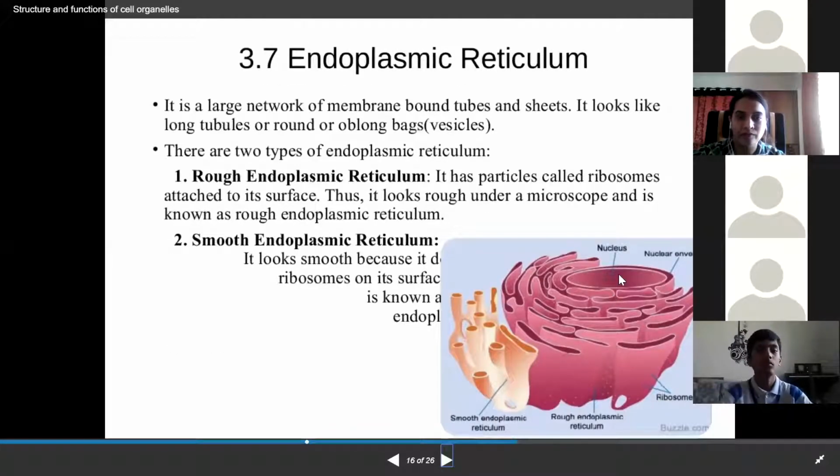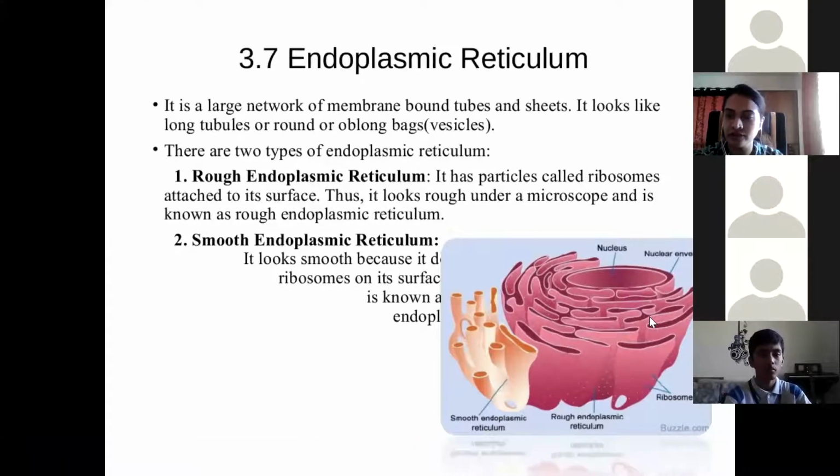Now coming to the other important organelle, which is endoplasmic reticulum. So basically an endoplasmic reticulum is a network of membrane bound tubes. You see this structure here? You see how it is thrown into folds, and it is a very large structure, especially in animal cells. It almost continues from one part of the cell to the other.